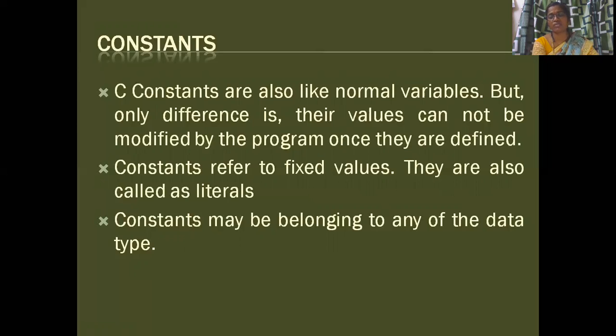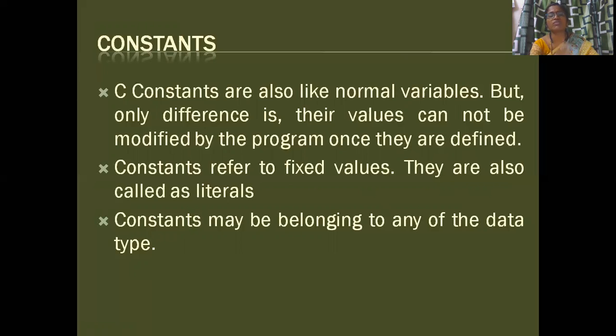I will give you a simple example which you know, the pi value. In mathematics, we use pi. Pi is nothing but 22/7 or 3.14. We don't change the value of pi. So here also we write the values as constants. Once it is declared, it cannot be changed further.